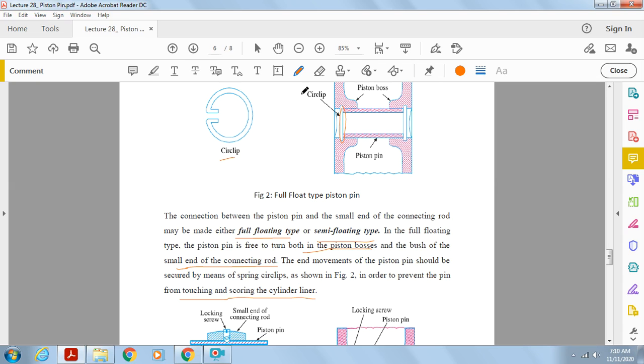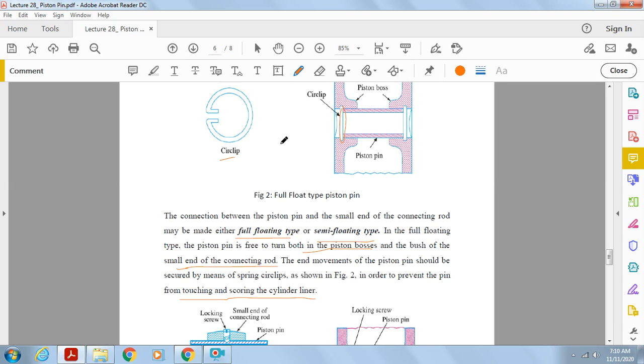In the semi floating type, it can freely turn in the connecting rod bushing, and it will be completely locked in the piston boss. But in the full floating type, it can freely turn in both the connecting rod bushing and the piston bush.